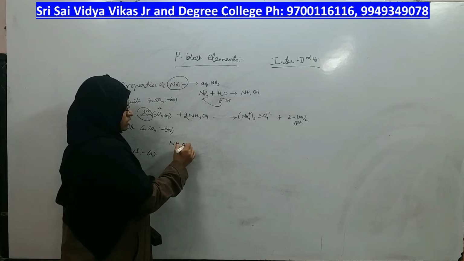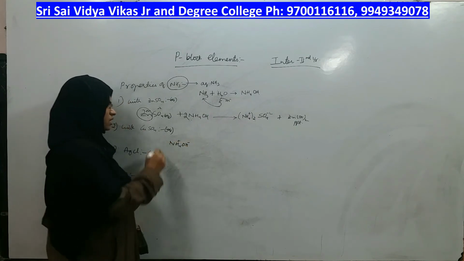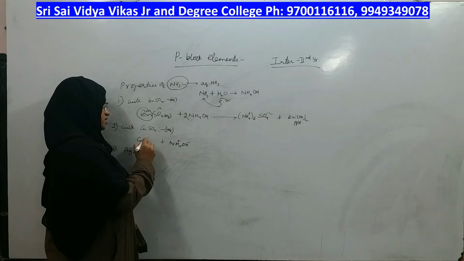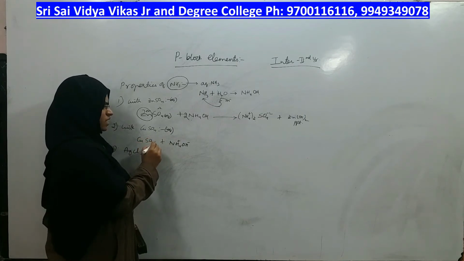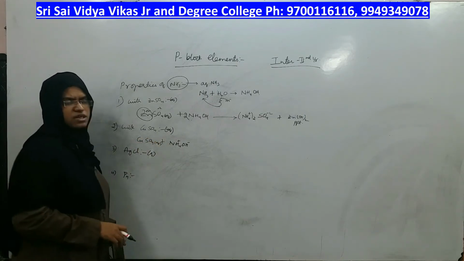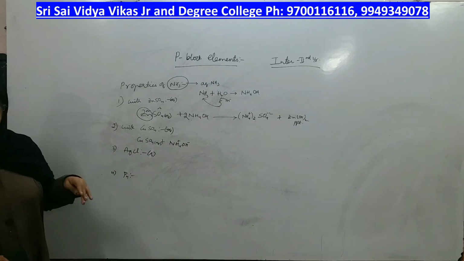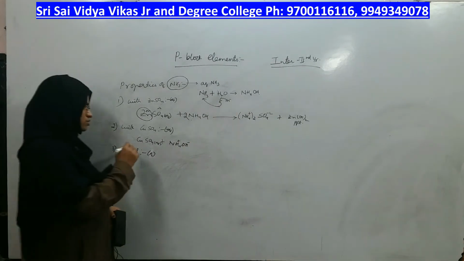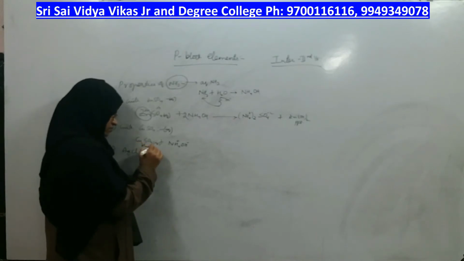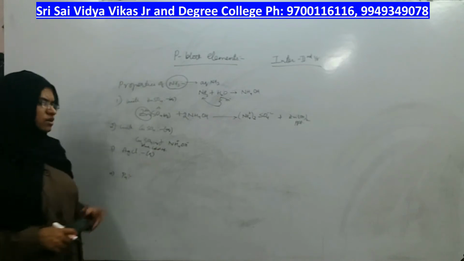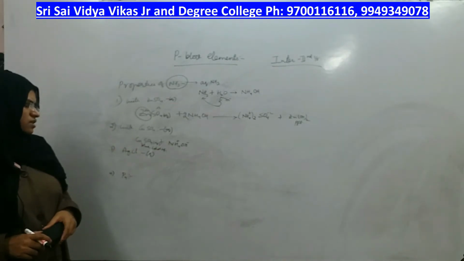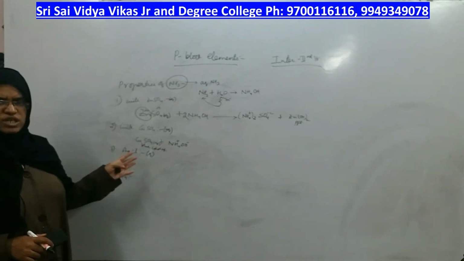Aqueous ammonia always means this only, right? If it reacts with aqueous copper sulfate, the solution of aqueous copper sulfate is a normal light blue color solution, right? Copper sulfate solution is blue in color.